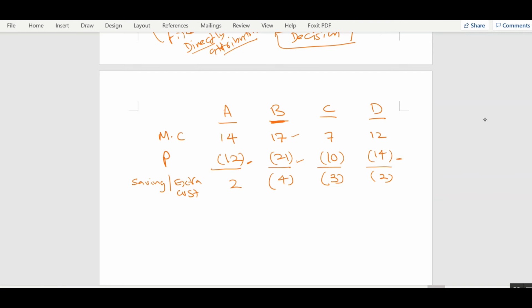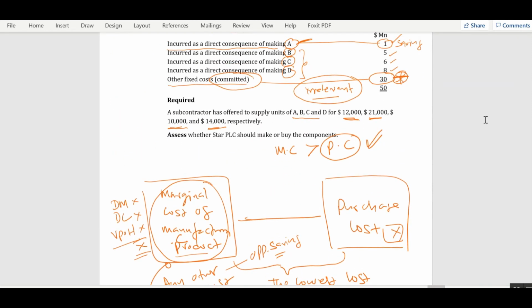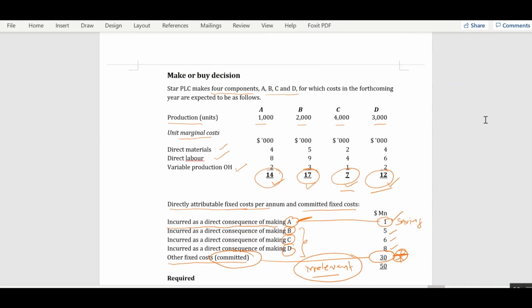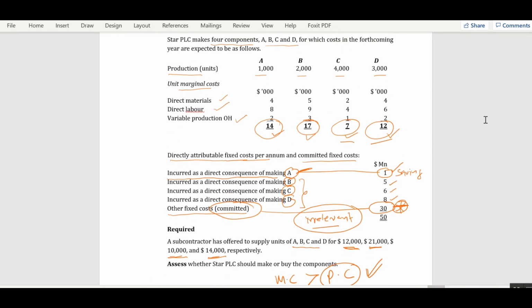Now this is per unit, but there is an expected production or the expected demand for this product. What is the expected demand? 1,000, 2,000, 4,000 and 3,000.